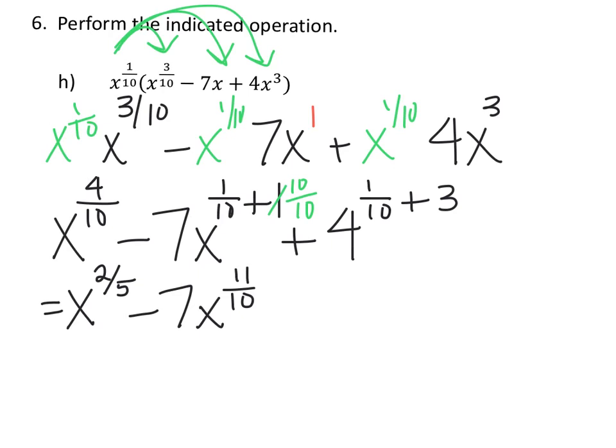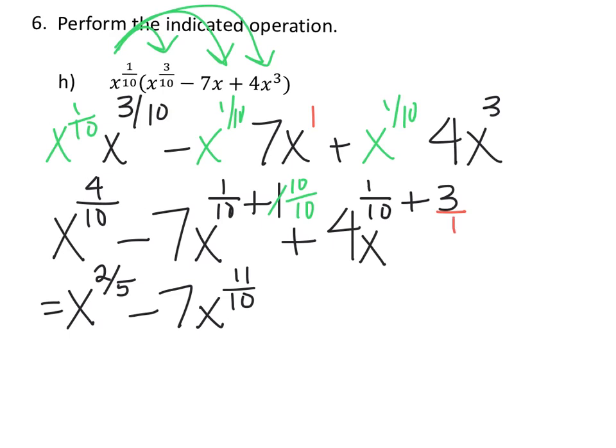And let's focus on the third term. So we have, and I forgot an x here. Okay, the base for 1 over 10 plus 3 is an x. Now, we need to add 1 over 10 plus 3. We need to get common denominators.